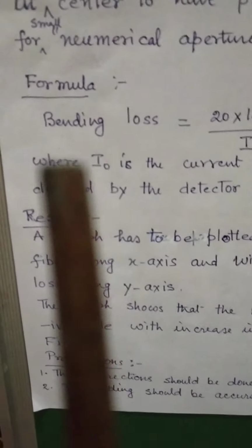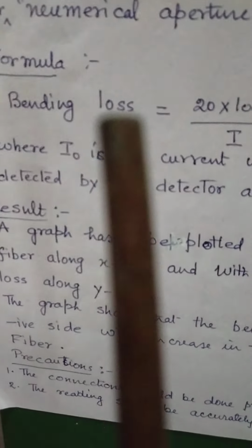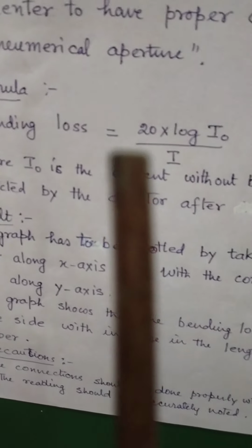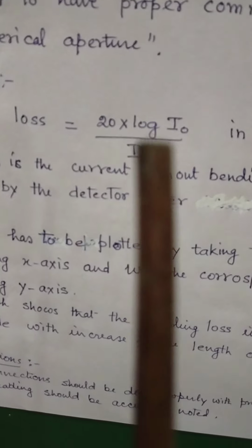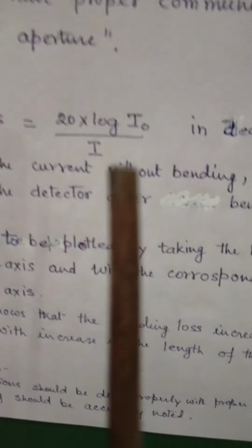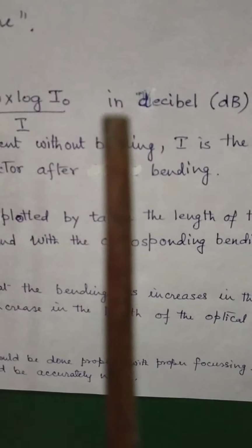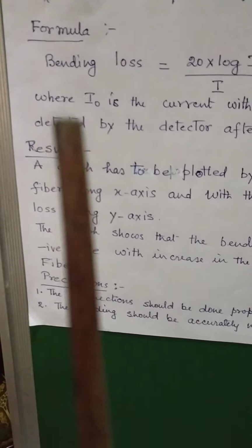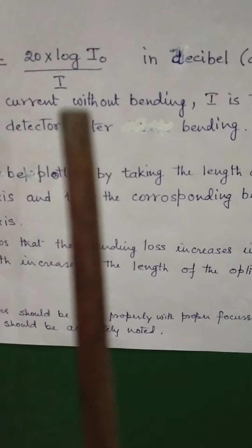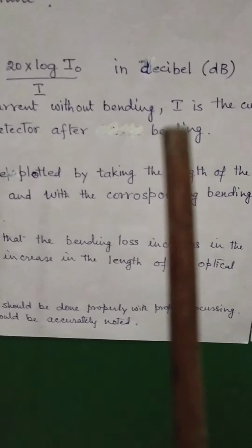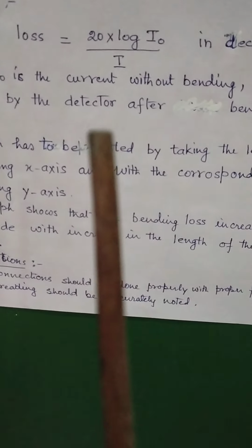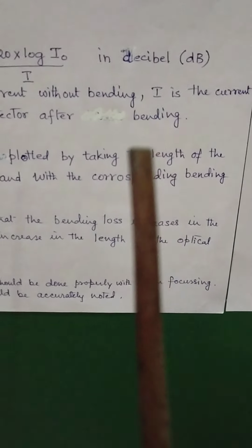Now let us take the formula. The formula which is used for determining the bending loss is equal to 20 multiplied by log of I0 upon I, and it is expressed in decibel, where I0 is the current without bending when the optical fiber is straight, and I is the current detected by the detector after bending.